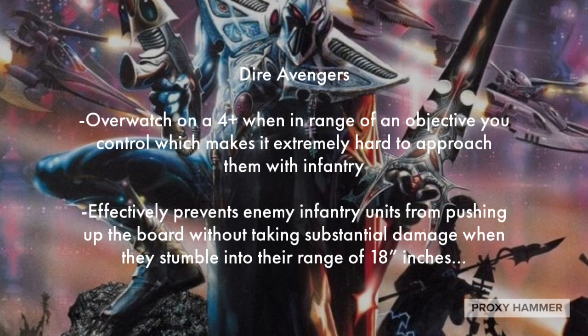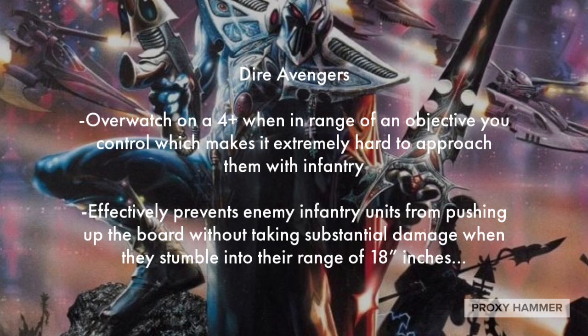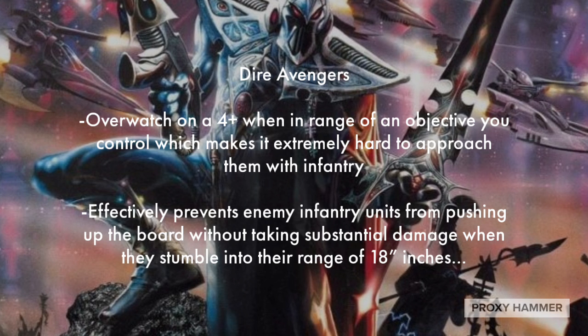Basically what it means is that enemy infantry, things like Intercessors or Infernus squads or other units that want to close quickly with your army, are going to have trouble getting through this area of denial. So take a unit of 5 Infernus Marines walking up into range, trying to get their flamers off on these guys, which, by the way, Infernus flamers will take Dire Avengers apart quite easily.